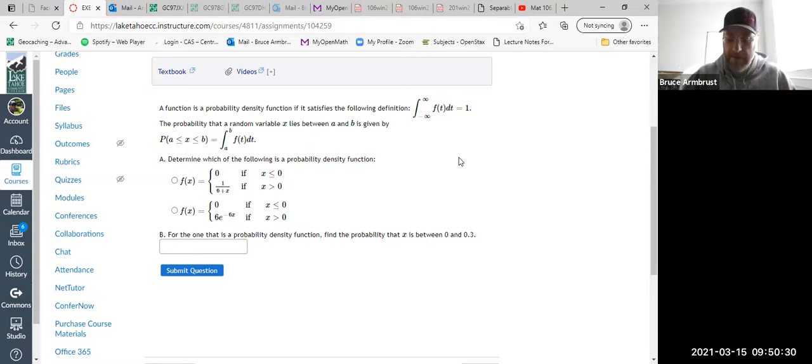First things first, before we actually jump in there, notice that these are piecewise defined functions, meaning that what we use as our rule depends on what we're plugging in. And so for both of these, it's going to be 0 whenever we have numbers less than or equal to 0. And then after that, we use the other rule, either 1 over 6 plus x or 6e to the minus 6x.